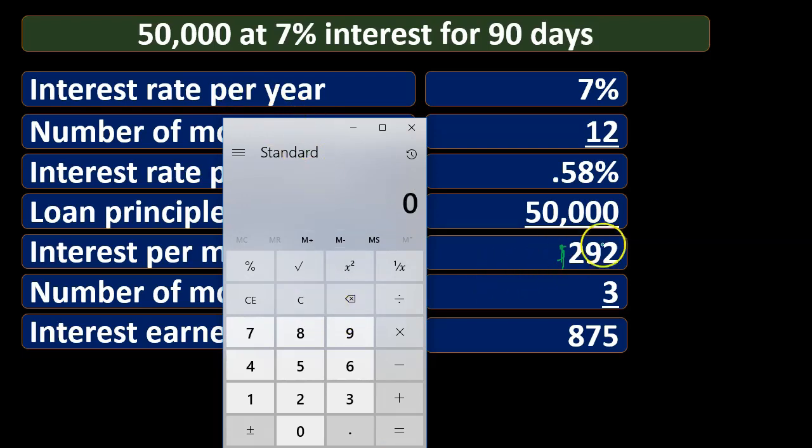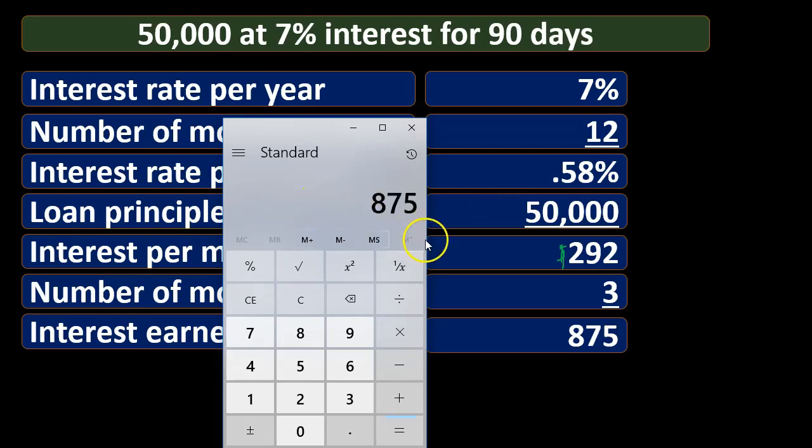Why? Because really what we had, remember, is 0.07 divided by 12, which is 0.0058, and then we multiply that times the 50,000 to get really 291.6666 times 3.